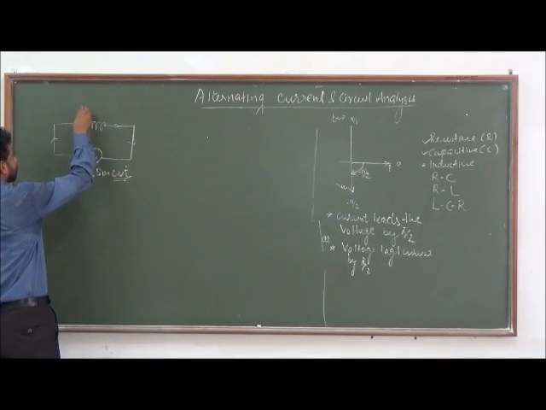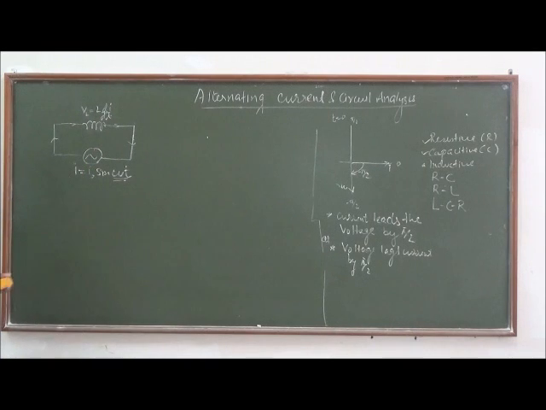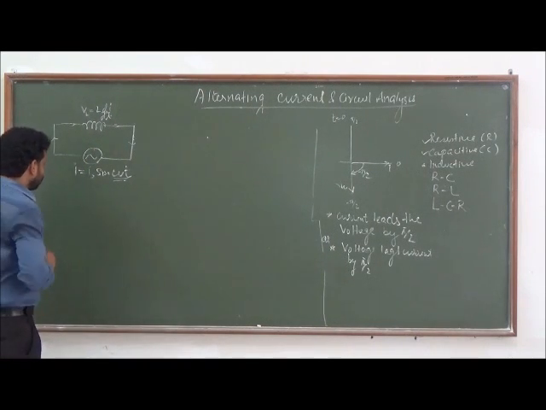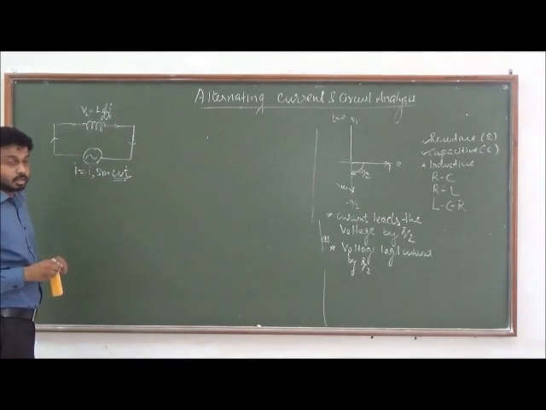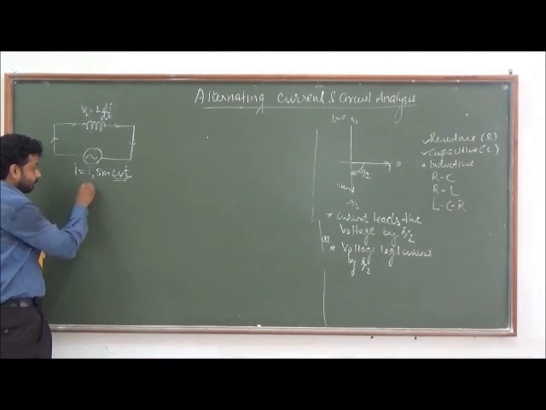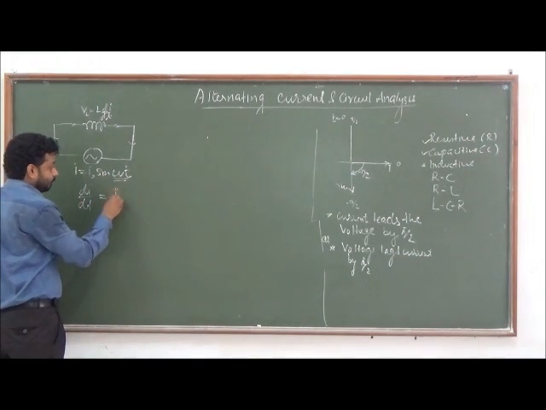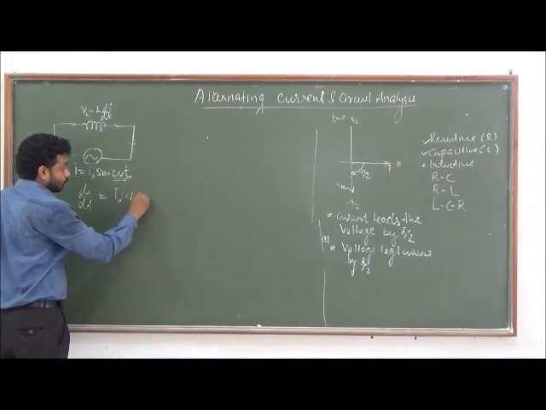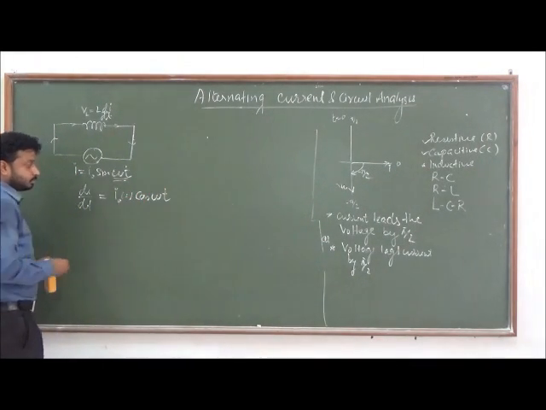Now we know that across an inductor the voltage is given as L di by dt. Okay. So if I have the function of current as I0 sin omega t, then how does di by dt look? So di by dt of this function will be I0 into omega cos omega t. Right?